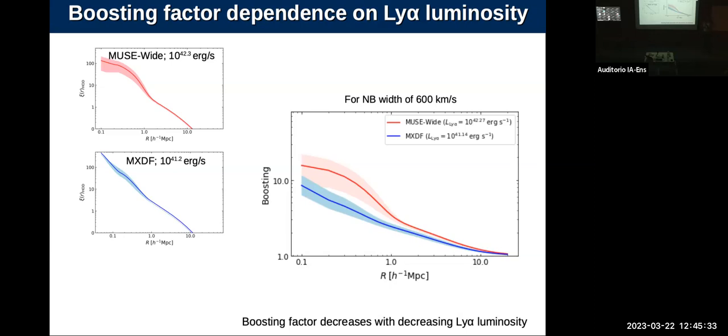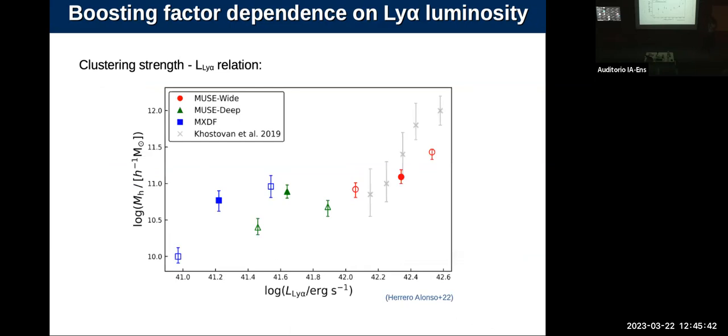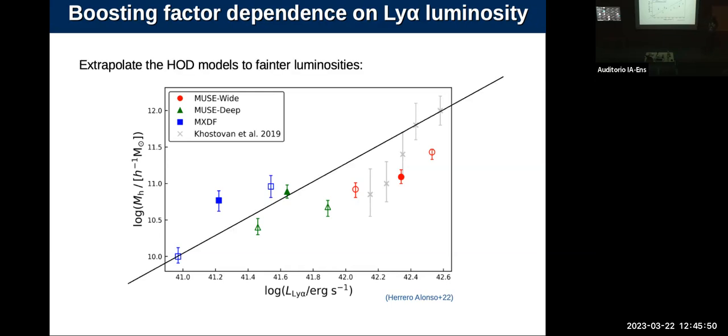In order to get as close as we can to the real clustering of those undetected sources, I'm going to go back to this clustering strength versus Lyman-alpha luminosity relation. And what I'm going to do is extrapolate the HOD models that I found for the MXDF Lyman-alpha emitters and the HOD models that I found for the MUSE-wide Lyman-alpha emitters.